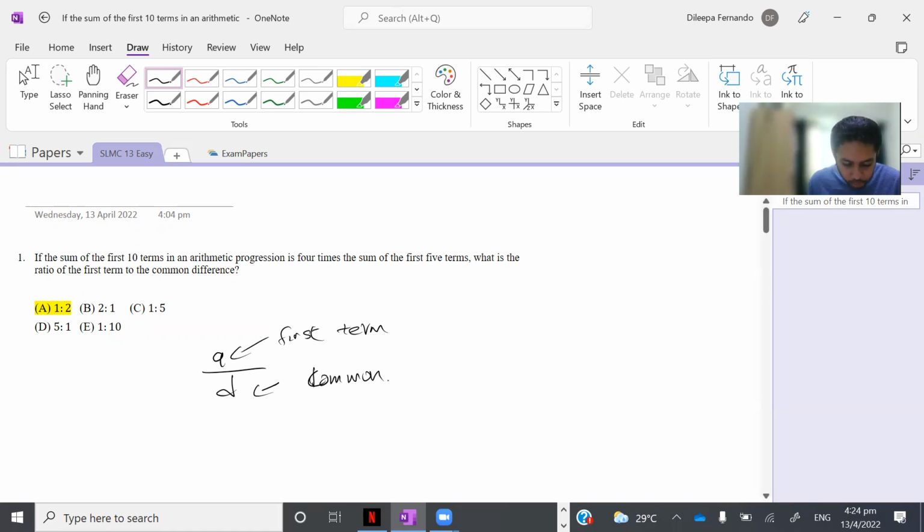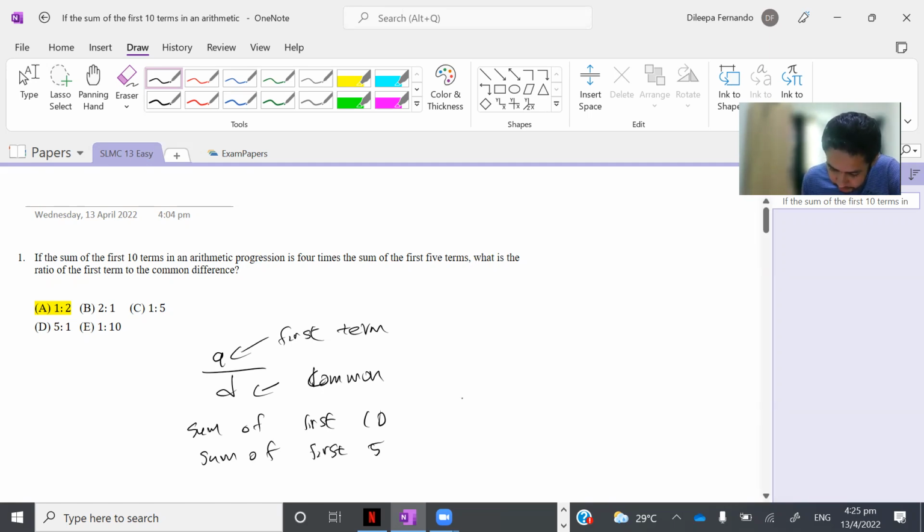There are two main pieces of information: the sum of the first 10 terms, and the sum of the first 5 terms. So we can write two equations. Remember the sum of terms in an arithmetic progression.